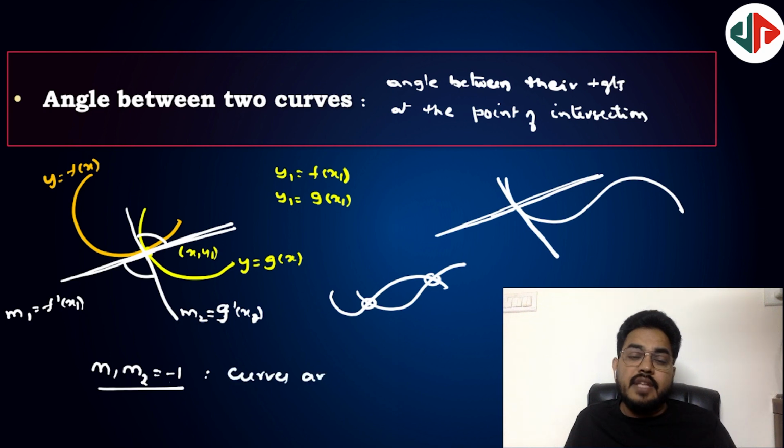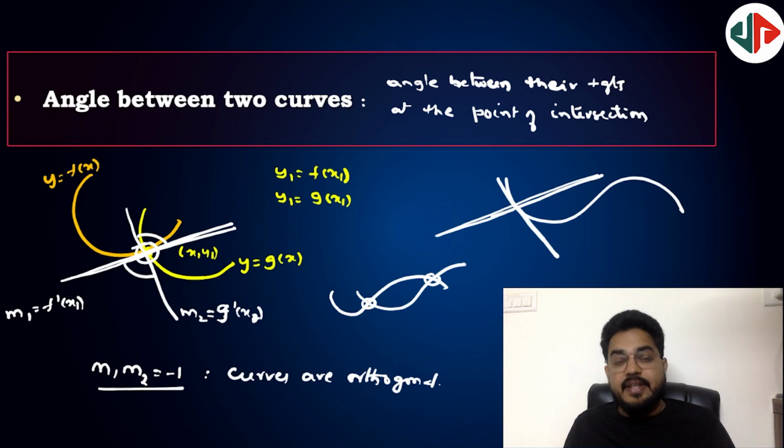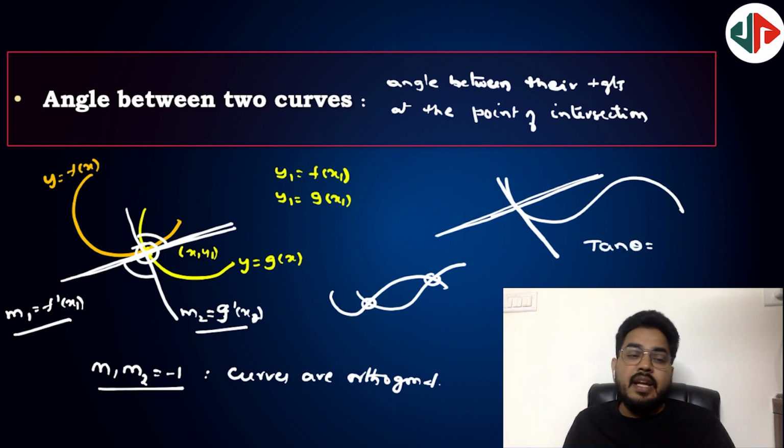Whenever you want to find the angle between two curves, first find the point of intersection, and then m1, m2. Then tan theta is equal to, as you already learnt in geometry for the angle between two lines, modulus of m1 minus m2 by 1 plus m1 m2.